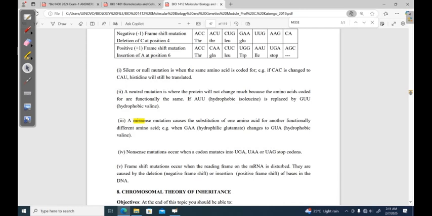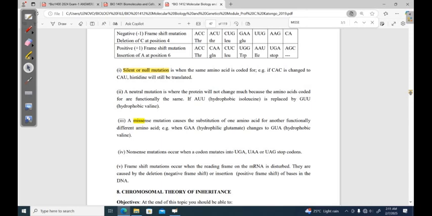A silent or null mutation is when the amino acid is coded regardless of whether there's a change or not, the amino acid will still be coded. It's called silent because you can't even tell that the mutation occurred.